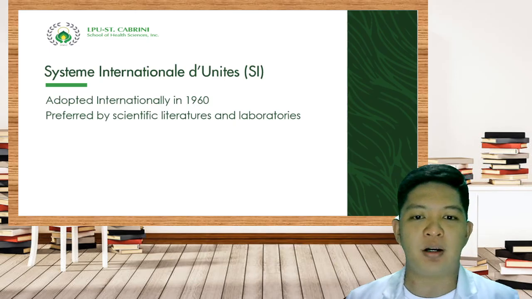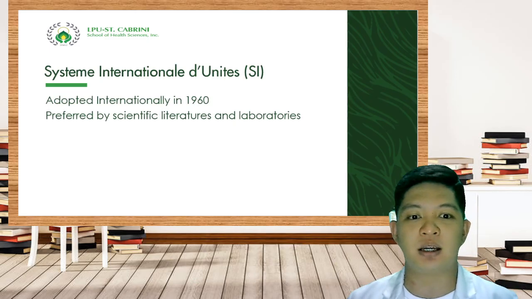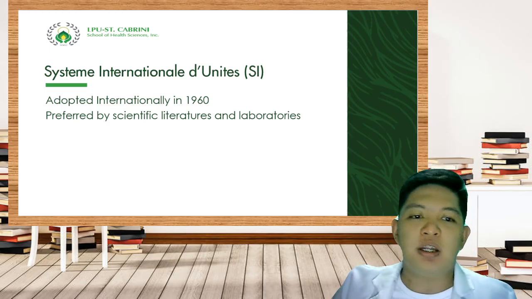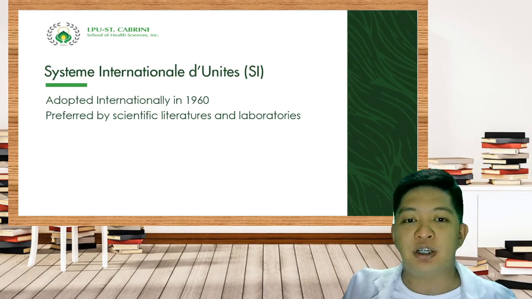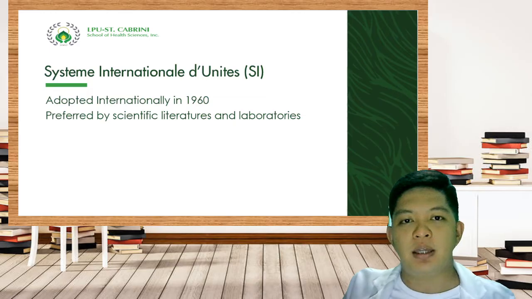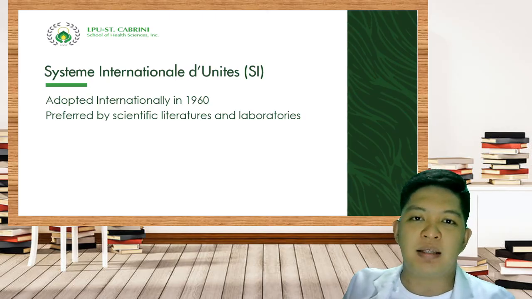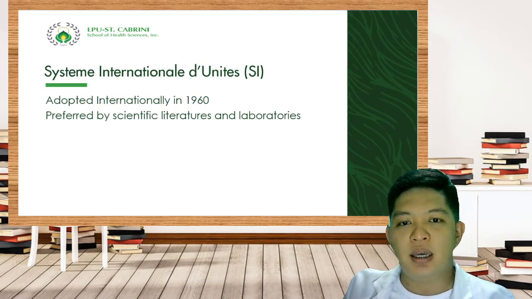I guess you are aware of what we call Sistema Internazionale de Unites, or commonly known as the international units. This unit is used by most of the scientific literature and in clinical laboratories.